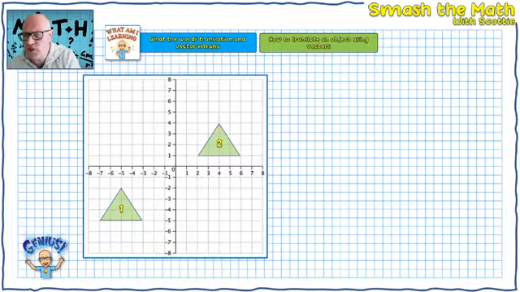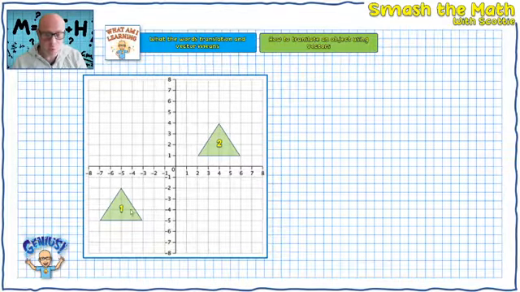So what we've got to do is to write down the vector that shows how it's gone from 1 to 2. So this time, again, pick a corner and then pick the same corner on the next shape. And we've got to work out how to get from there to there. So let's draw out our brackets for our vector.